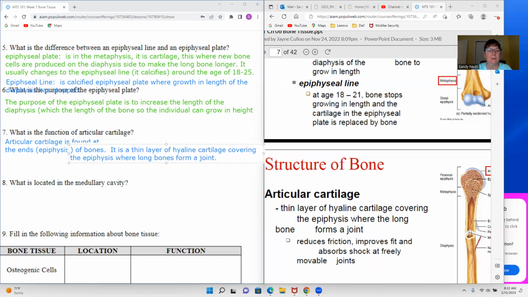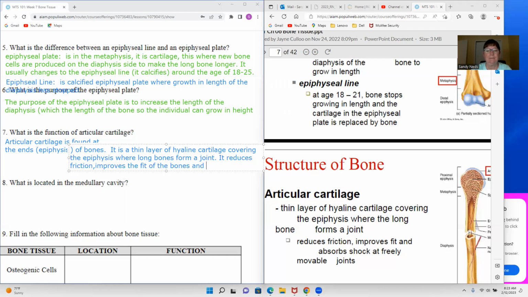And the purpose, it reduces friction, meaning as my bones rub together, my knee does this, it reduces the friction. It improves the fit of the bones at the joint.